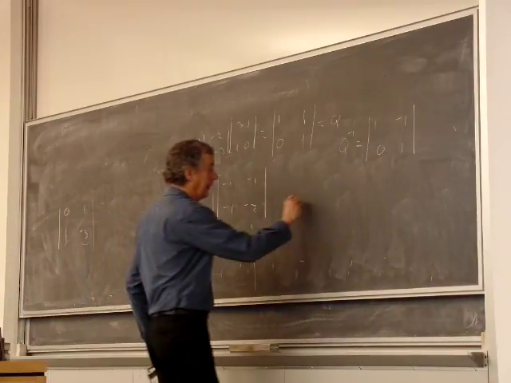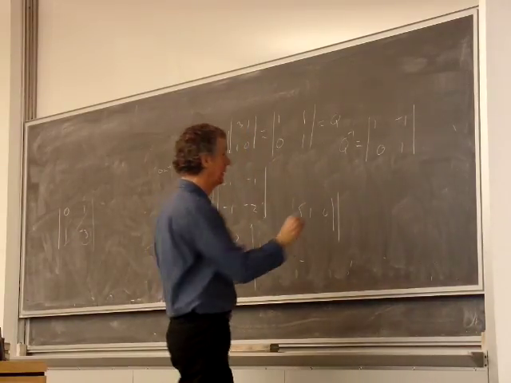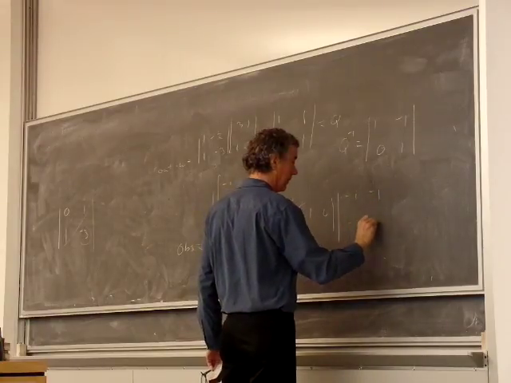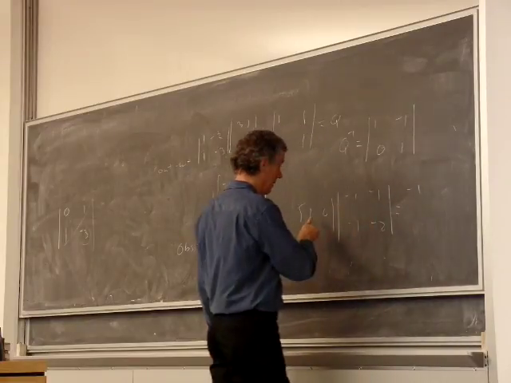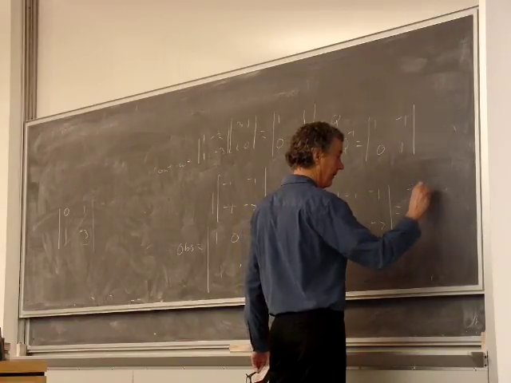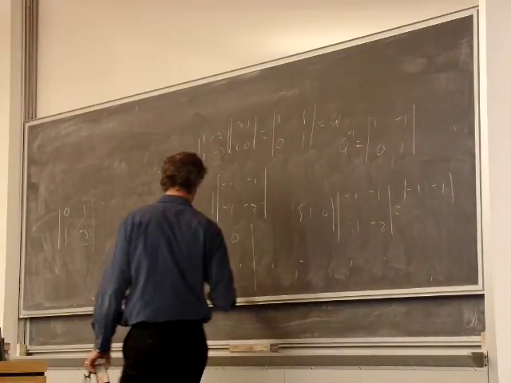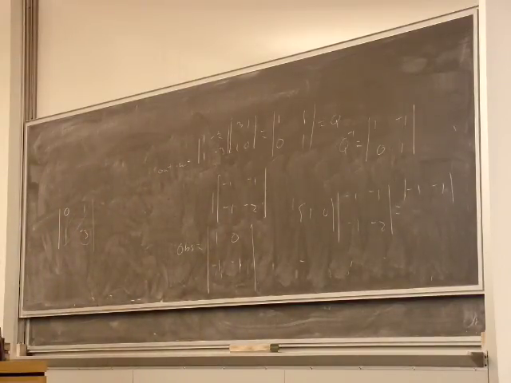C times A, which is 0, 1 times this: -1, -1, -1, -2, which is -1, 0, -1. Did I do that right? Is that right? Is it observable? Yeah, that's full rank, right?